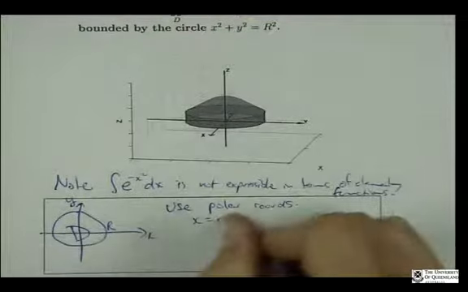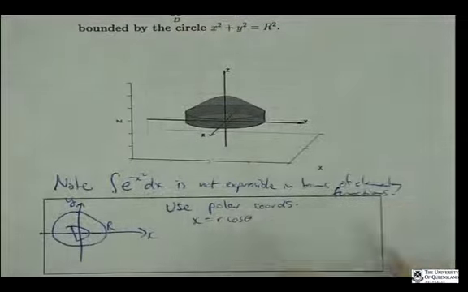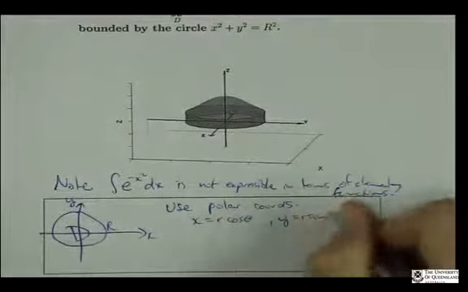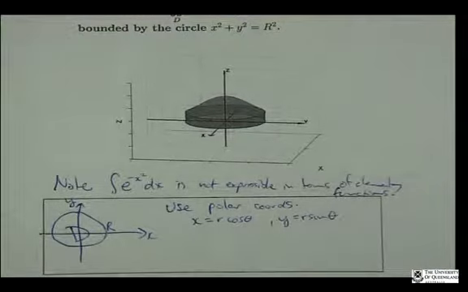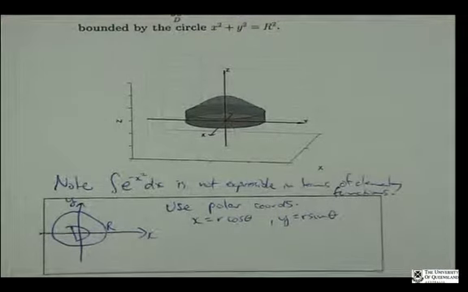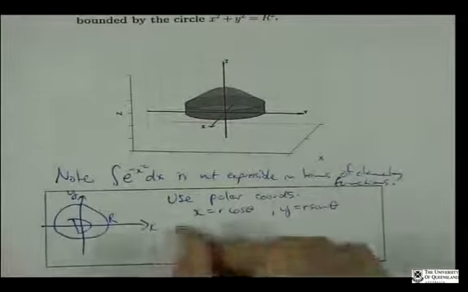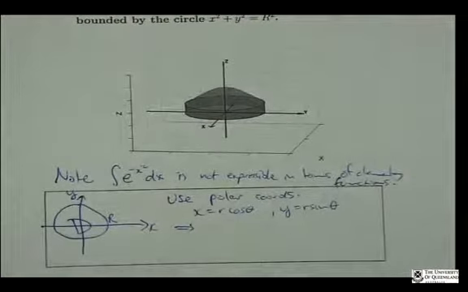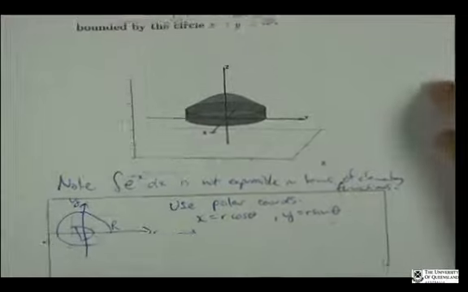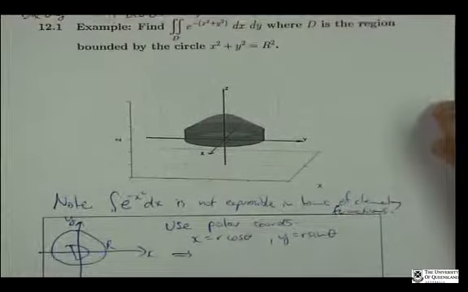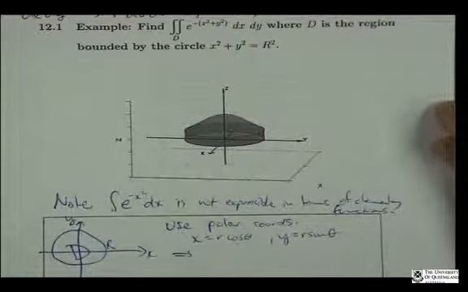So the transformation is x equals r cos theta, y equals r sin theta. There's got to be a mark for writing down a variable transformation on the final exam, if it's relevant to the question that's being asked. Now what have we got in the function? We've got e to the negative x squared plus y squared.